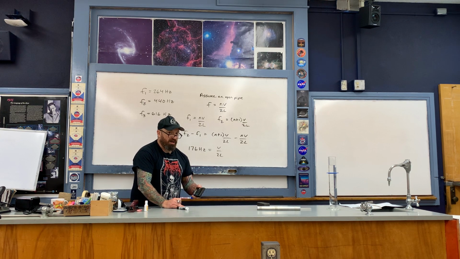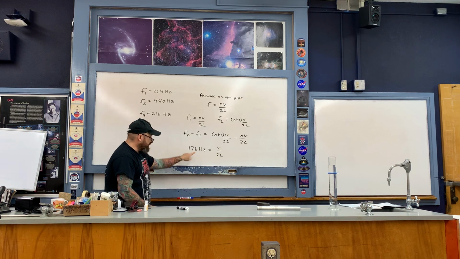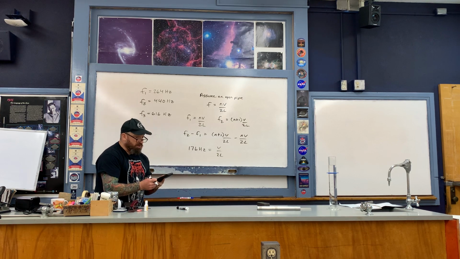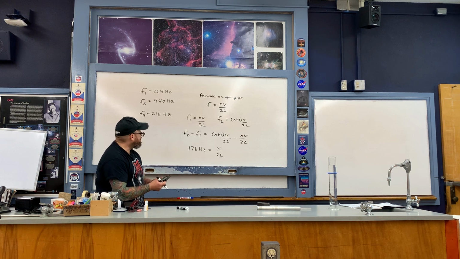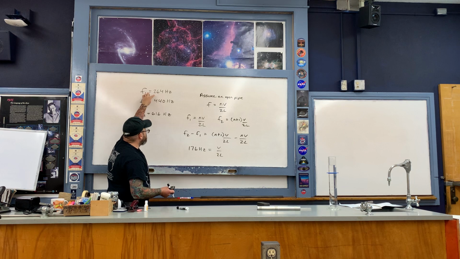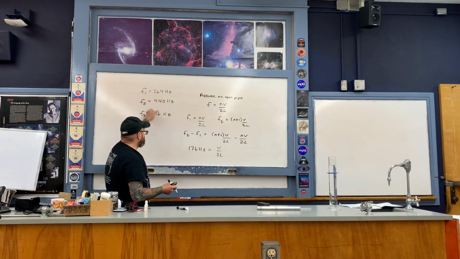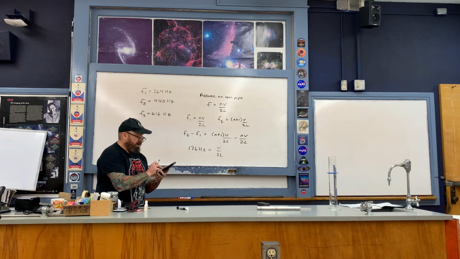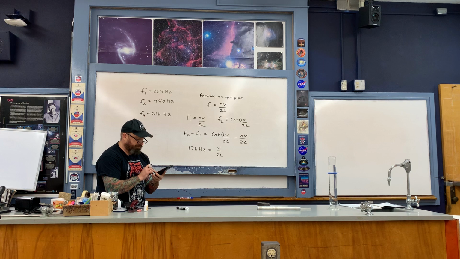So V over 2L, remember, is the fundamental frequency of an open pipe. So if this organ pipe is an open pipe, then these frequencies have to be multiples of 176. So now I'll take 176 and multiply it by 2. When I do, I don't get 264, nor do I get 440. Instead, I get 352 hertz, which is in between. If I take 176 hertz and multiply it by 3, then I get 528 hertz.